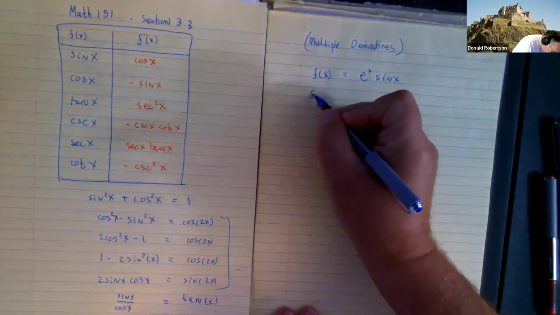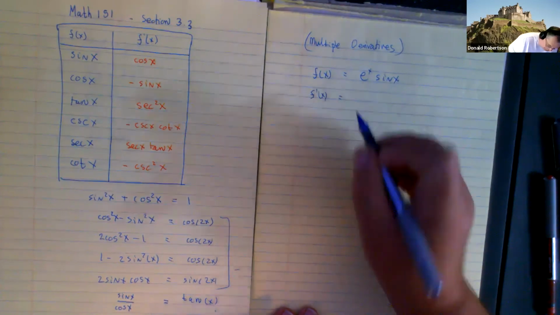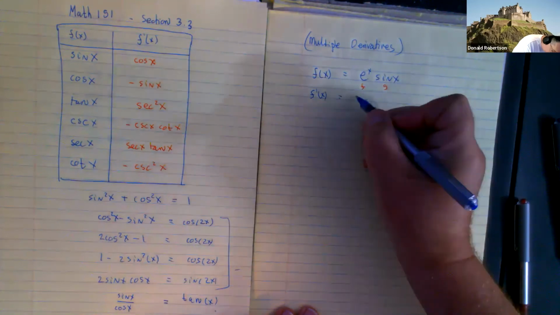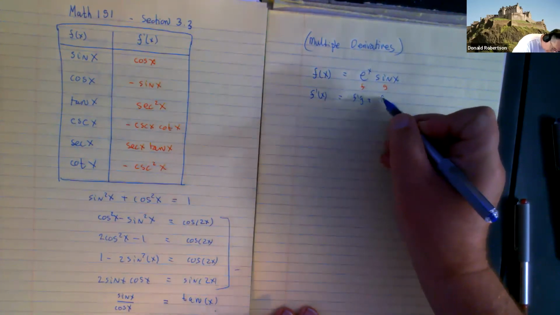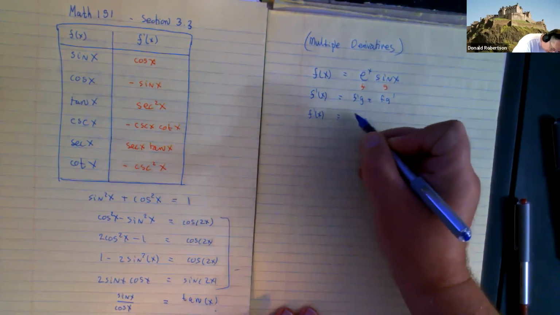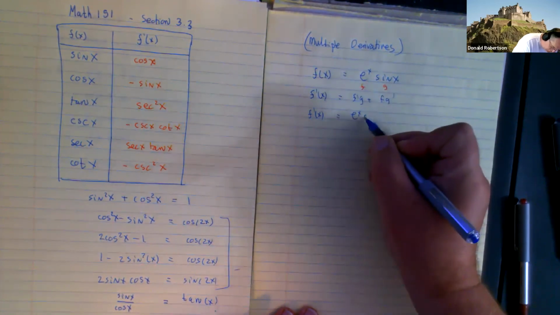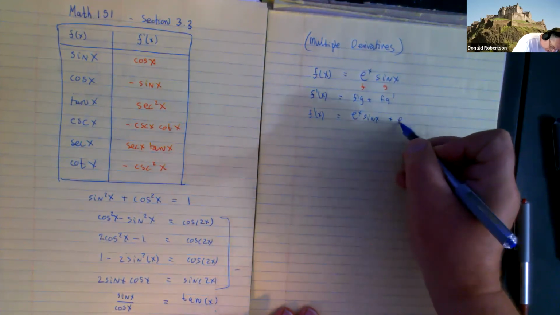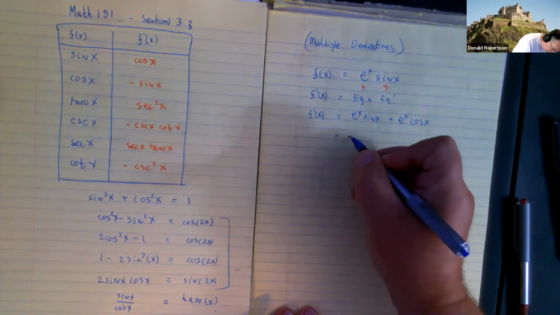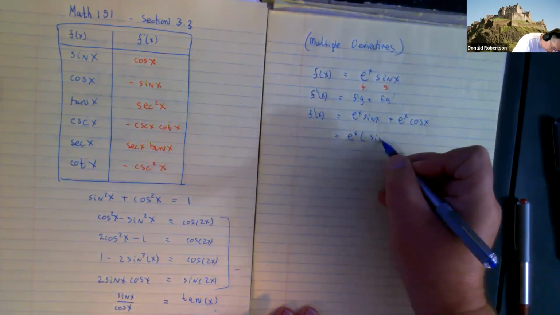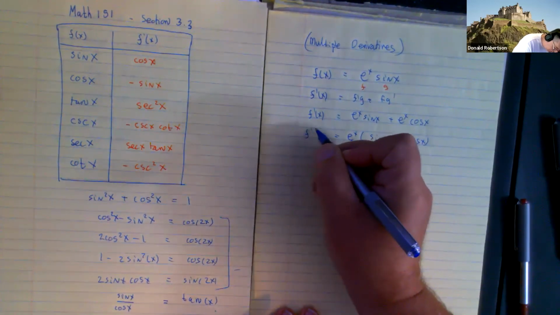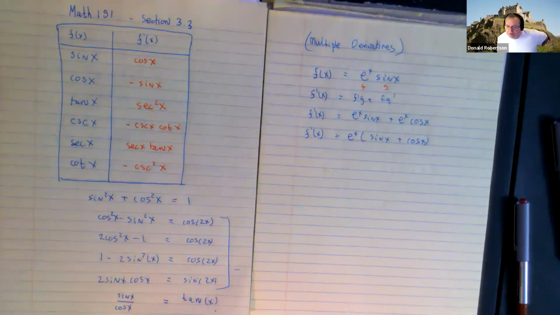To find its first derivative, it's a product rule: f dash g plus f g dashed. So it's e to the x times sine x plus e to the x times the derivative of sine x, which is cosine x. And now for a little bit of style points, factor the heck out of it. And there's our first derivative.